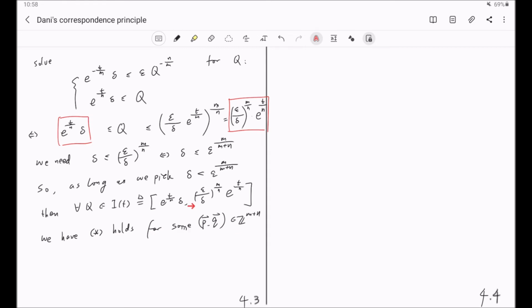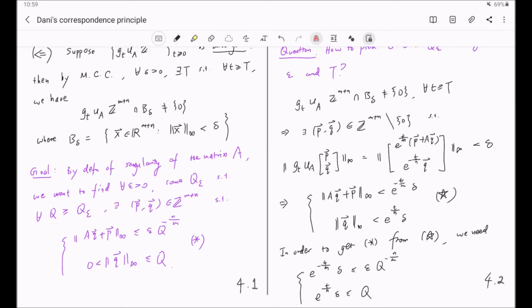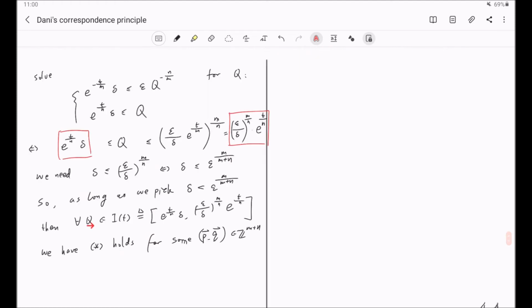Now we are close to our goal. Remember, our goal is to find for any epsilon greater than 0 some q sub epsilon such that for any q greater or equal to q epsilon, there exists p, q such that the asterisk holds. Now we are able to achieve this for any q in this interval.